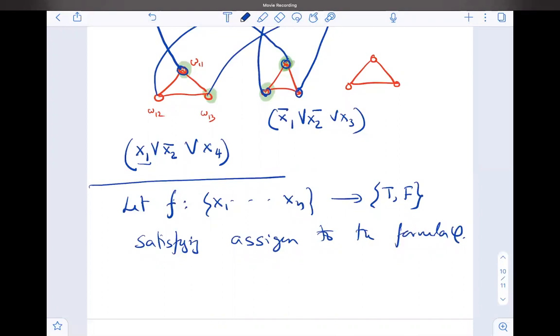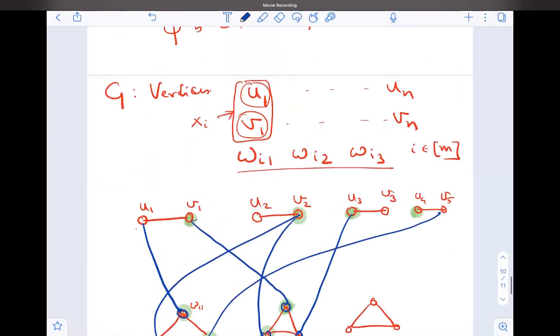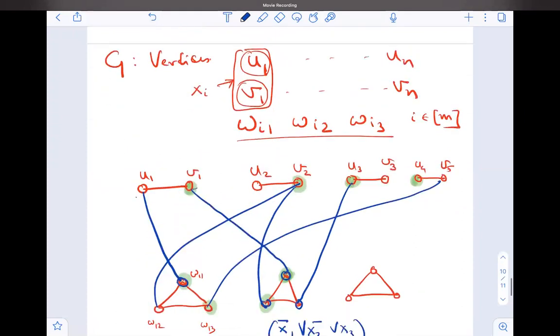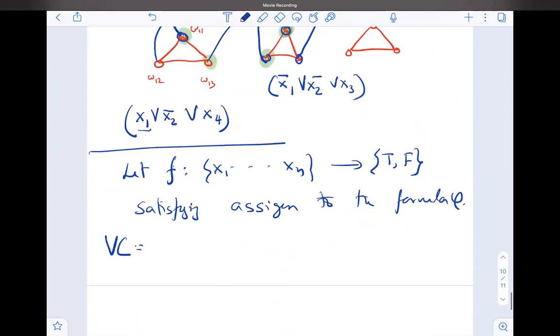In my vertex cover, now that I have these variables u1 to ui, first of all, I will pick ui if f of xi equals true, and vi otherwise.